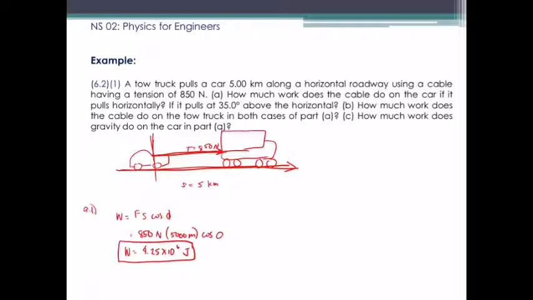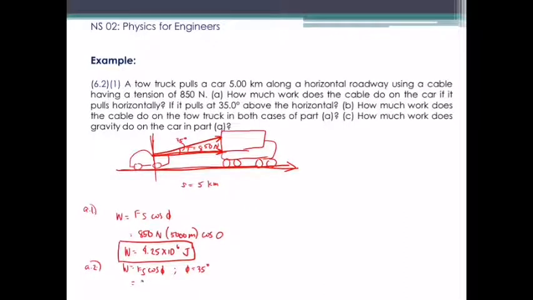We are still in letter A, but let's say that is A.2. If it pulls at 35 degrees above the horizontal, how much work is done on the car if it is being pulled at an angle? So this is the pull, at an angle of 35 degrees. Still work is equal to Fs cosine phi, and our phi right now is 35 degrees.